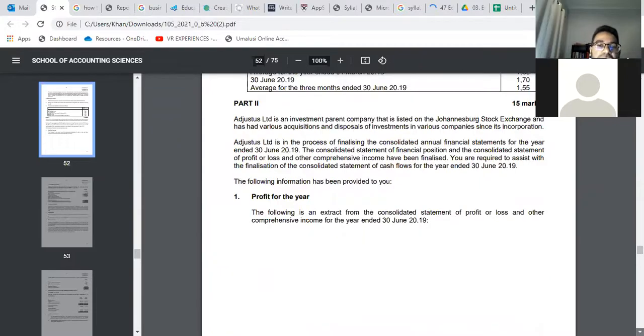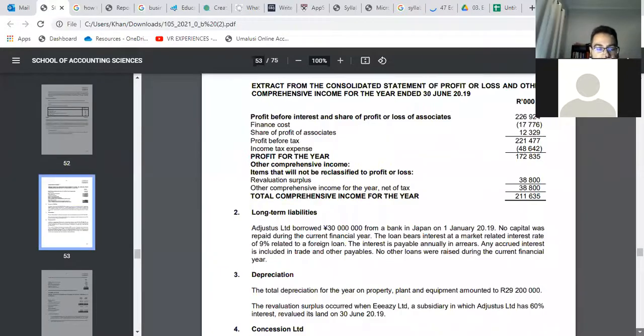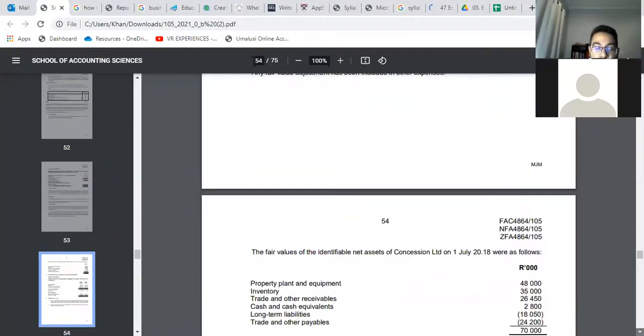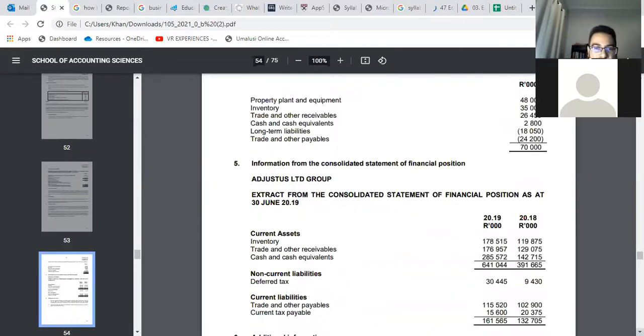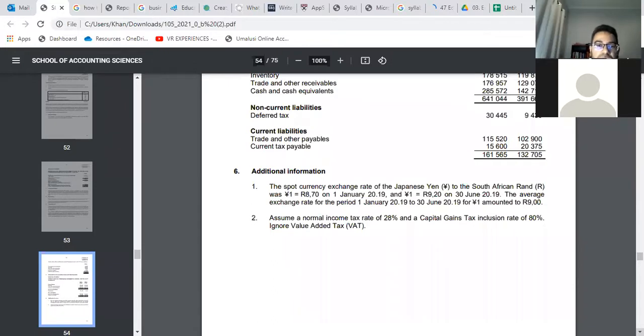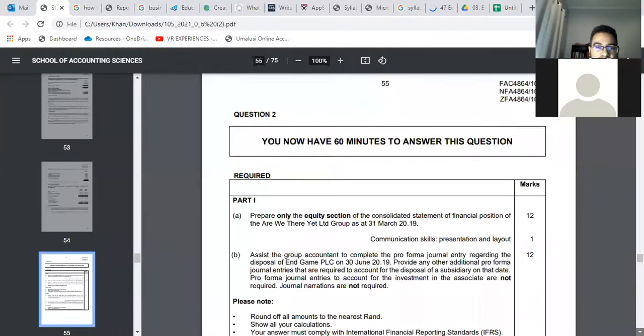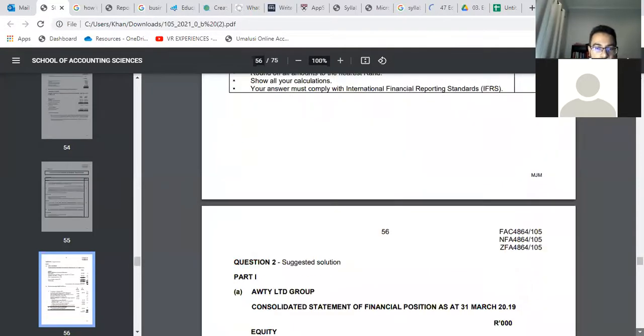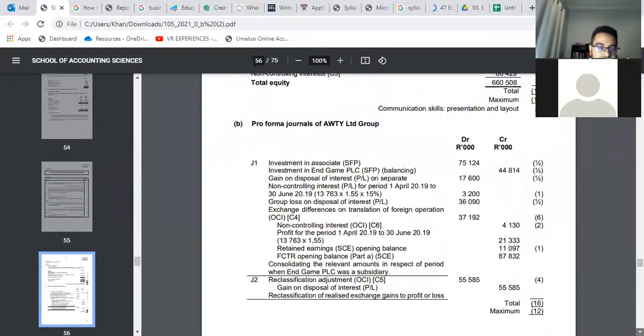The way we're going to get that is by working out FCTR relating to goodwill, and then basically just the difference between the two for everything else. So let's work out FCTR for goodwill, and we'll work out the remaining FCTR.